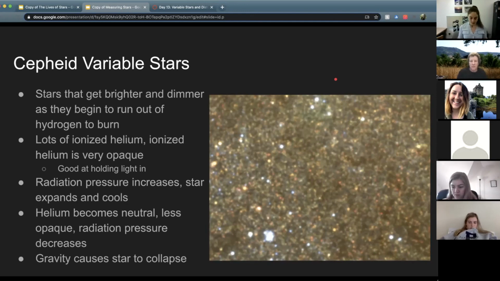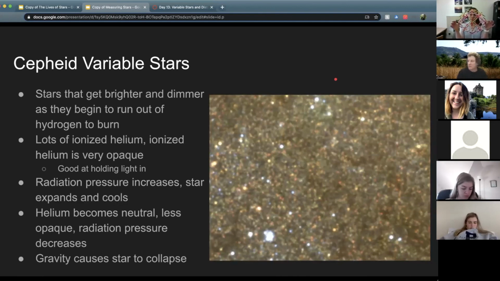So I've got a little toy model of a Cepheid variable here. The Cepheid variable starts out nice and hot and contracted, and then as it starts to fuse helium, the core gets really hot, and the radiation pressure increases. So the star's gravity and radiation pressure aren't balanced, and the star starts to expand.